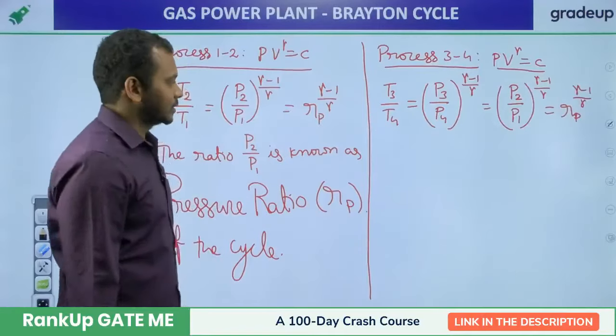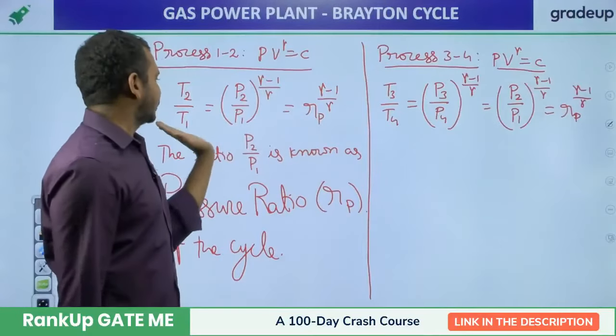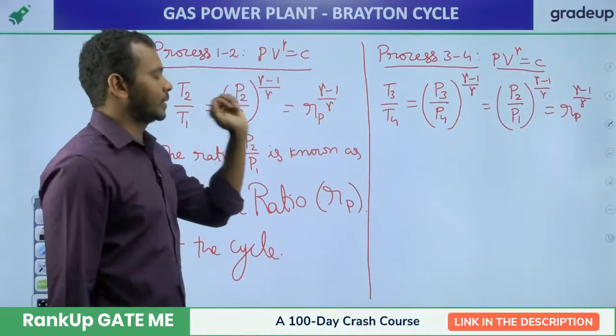That's it. What do you see here? T2 by T1 is equal to Rp power of gamma minus 1 by gamma, and T3 by T4 is equal to Rp power of gamma minus 1 by gamma. What does it mean? It means that T2 by T1 is equal to T3 by T4. So from this I can write T4 by T1 is equal to T3 by T2.